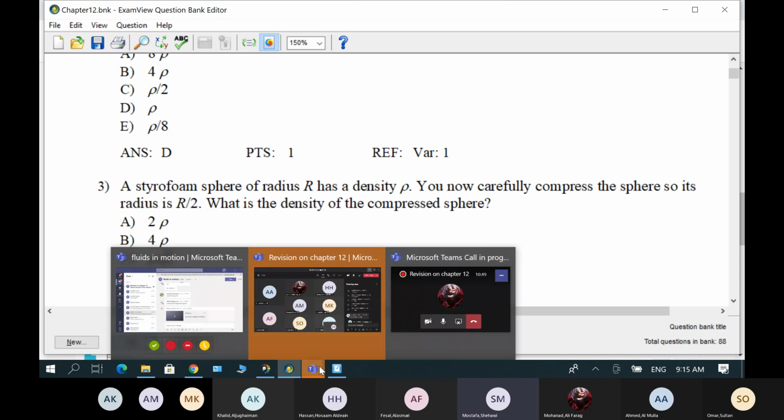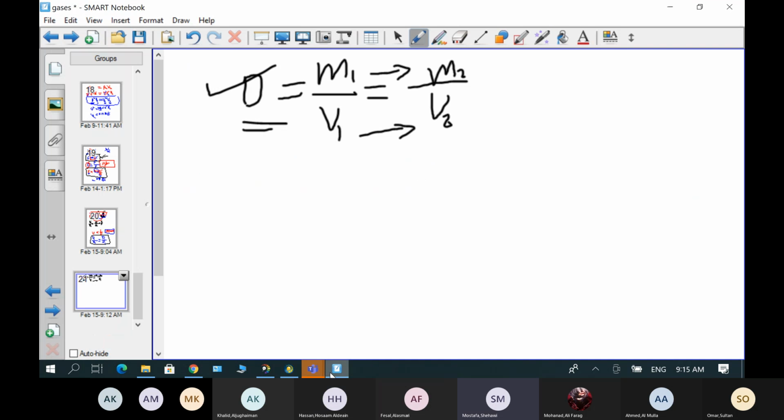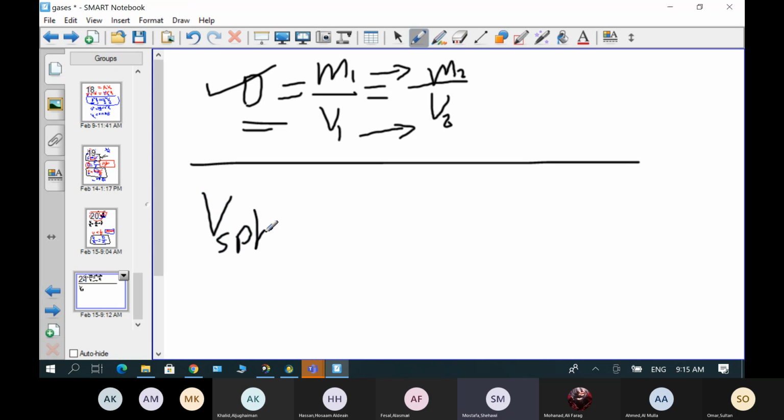What is the equation to calculate the volume of a sphere? 4/3 pi r cubed, I guess. So let's type it here for you. So the volume of a sphere equals 4/3 pi r cubed, right?